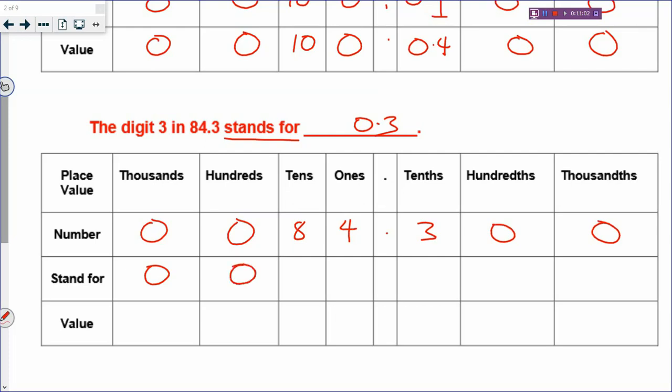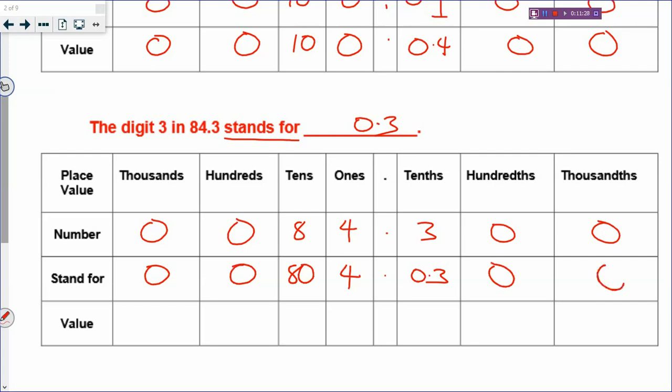Alright, what does the digit 8 stand for? 8 tens, 80. What does the digit 4 stand for? There will be 4 ones, which is 4. And then decimal point, what does the digit 3 stand for? Right, 3/10, it means 0.3. So the digit 3 stands for 0.3. That is your one decimal place. And there's no digit in the hundreds place, so 0.